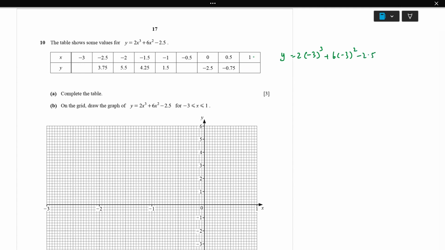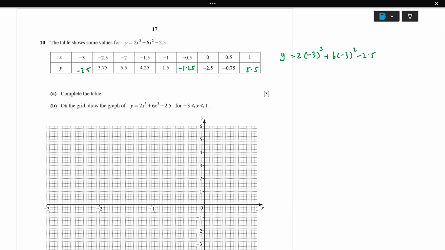The answer is going to be -2.5. Same way, when you put -0.5, you will get -1.25. Next, when you put 1, we will get 5.5.